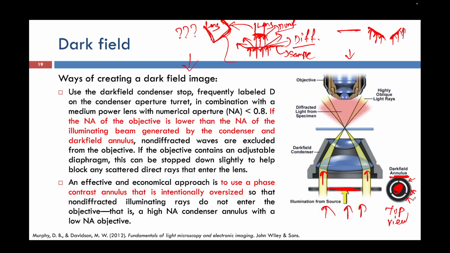There are different kinds of surfaces I have provided here. Instead of going to the sample in flat directions like this, I am reflecting these beams by providing some kind of surface.